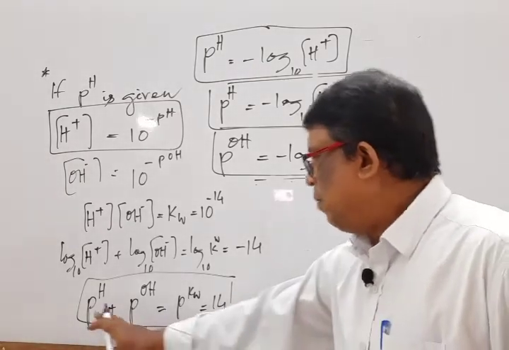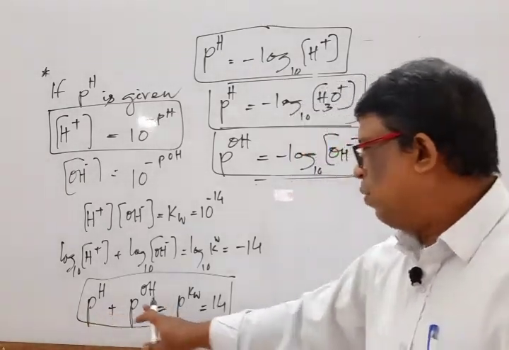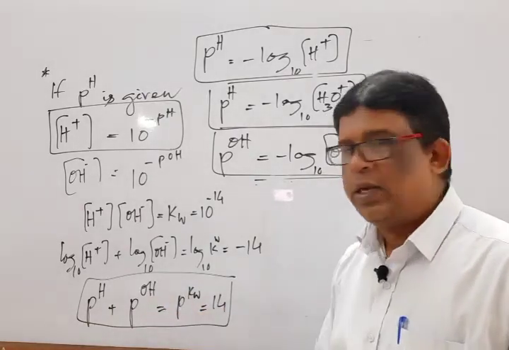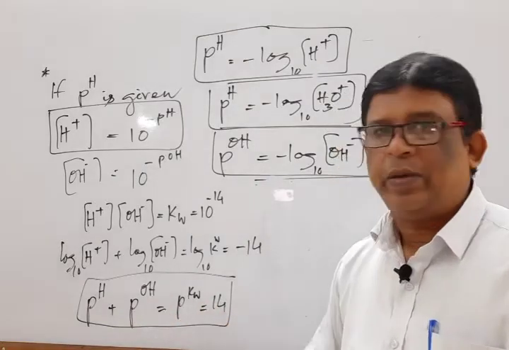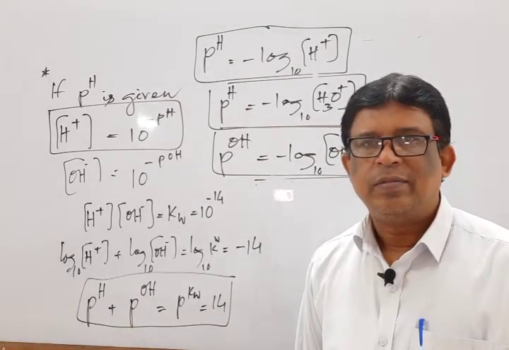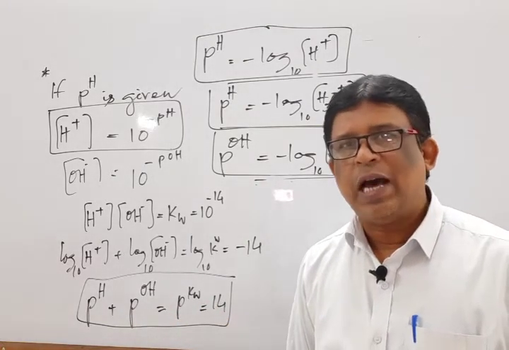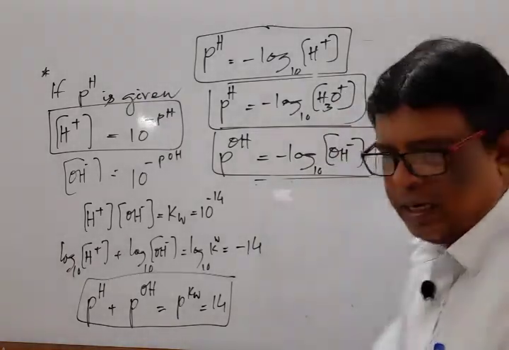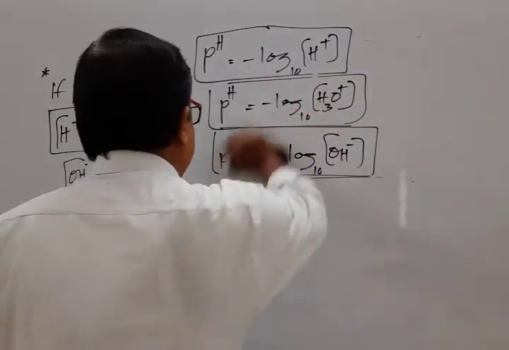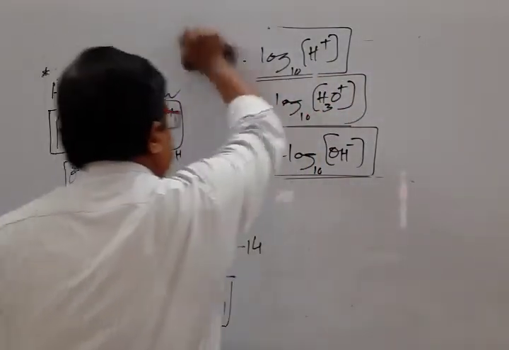That means if pH is given, then pOH is equal to 14 minus pH. If pOH is given, then pH is equal to 14 minus pOH. Next we switch over to another term, that is known as the pH scale. Mark that, another important term, the pH scale.